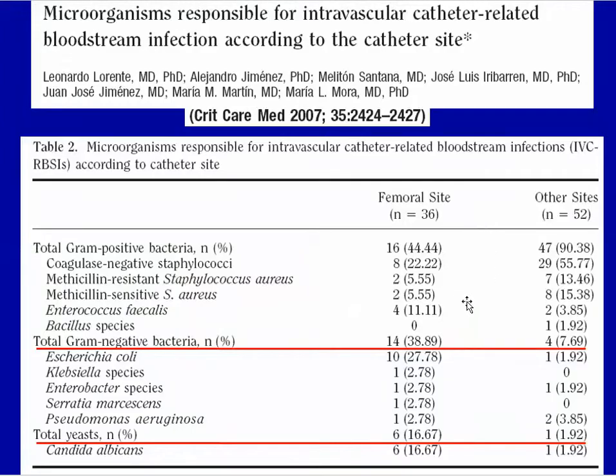And importantly, the organisms found with arterial femoral line infections were different than those with radial. With radial, about 90% were due to gram-positive bacteria, whereas with femorals, about 40% were due to gram-negative bacteria and 15% were due to yeast.